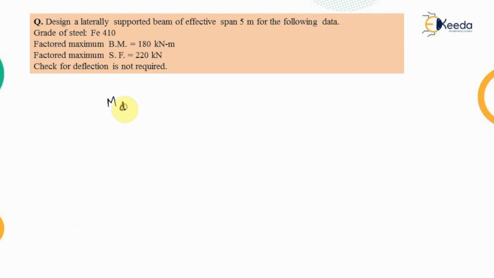Now this MdV value that we have calculated must be less than the limiting condition. So this MdV value that we have obtained as 188.95 kilonewton meter must be less than or equal to 1.2 times the elastic section modulus into Fy divided by gamma m naught.